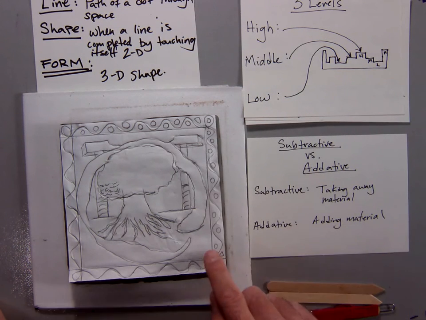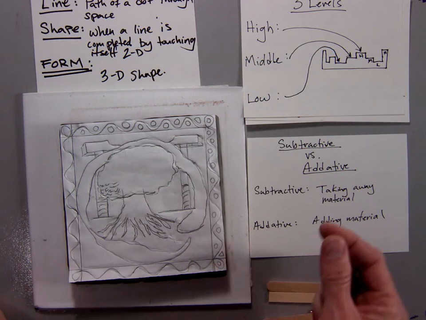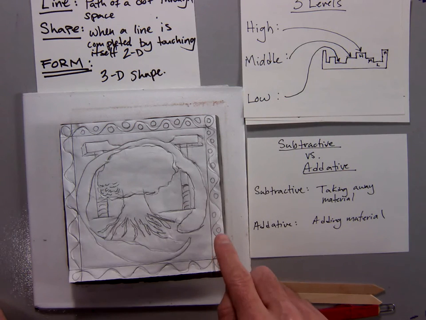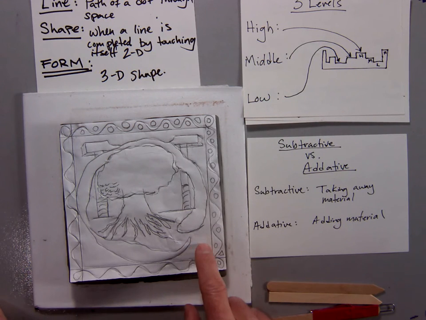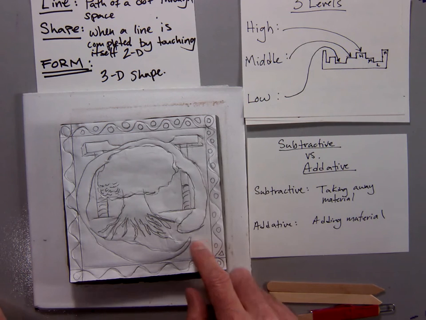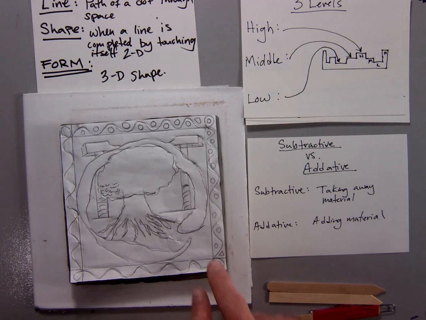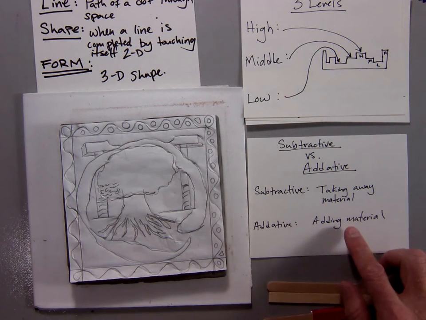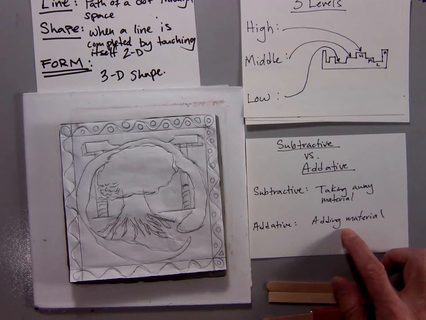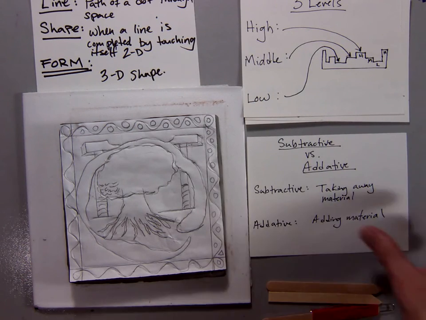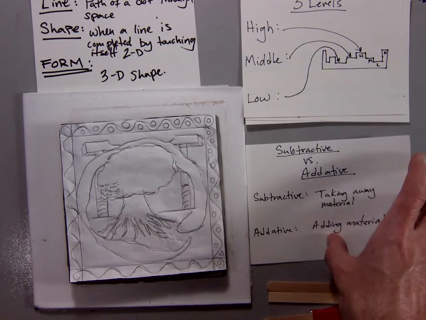For example, like these little dots up here. Maybe I want to take a little ball of clay and stick it onto the top. Maybe I've got some design on this ground, and instead of carving little blades of grass or something, it's easier to roll some little lines and then add them on top. So additive sculpture is whenever you're adding material, and subtractive sculpture is whenever you are taking away material.